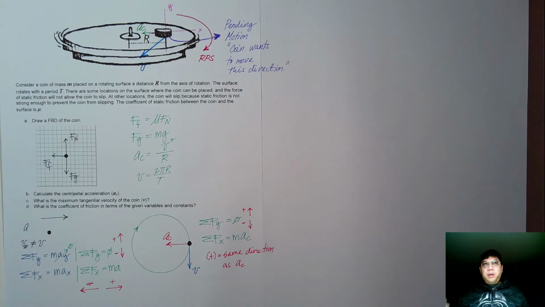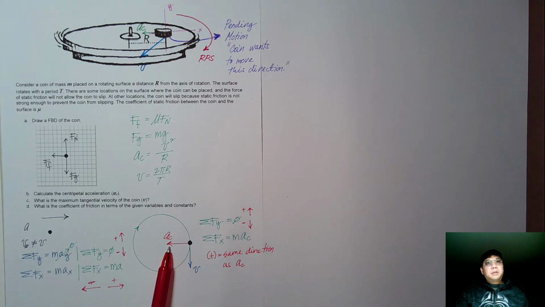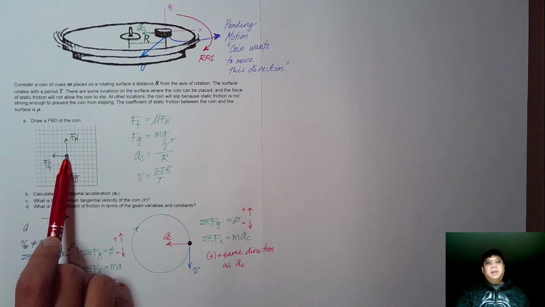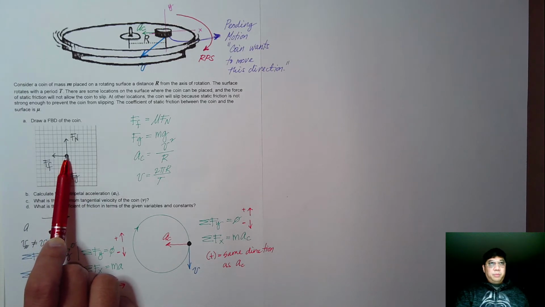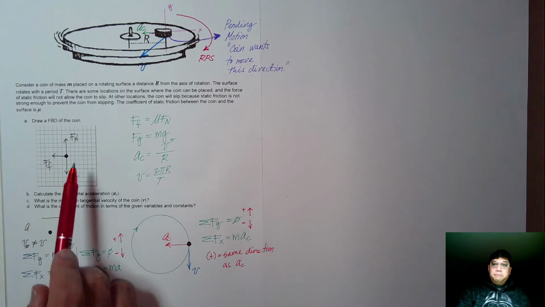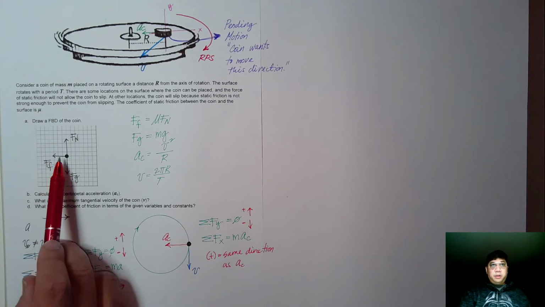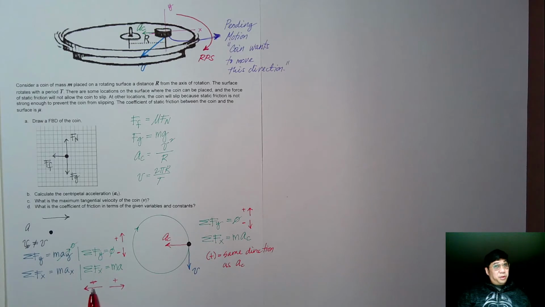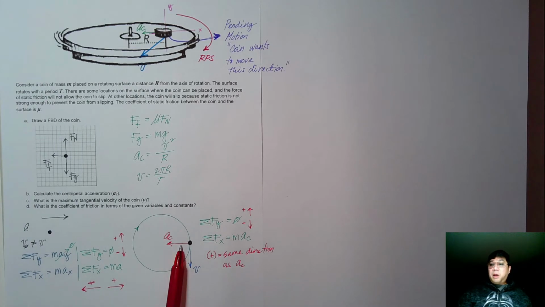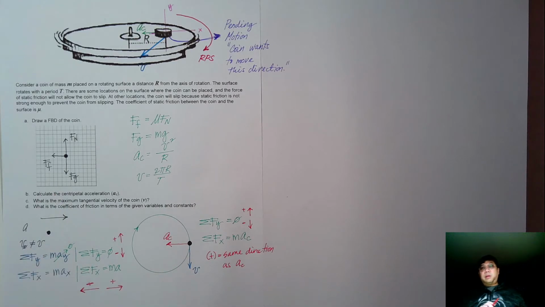If they're going in the same direction, just like here, centripetal acceleration is going to the left, and that is the same direction as the force of friction. So not because friction is going to the left means it's negative, because that's for linear. Instead, it will be positive because it's the same direction as your centripetal acceleration.